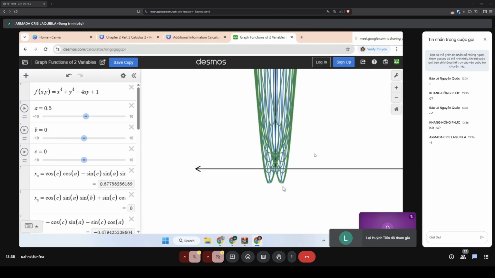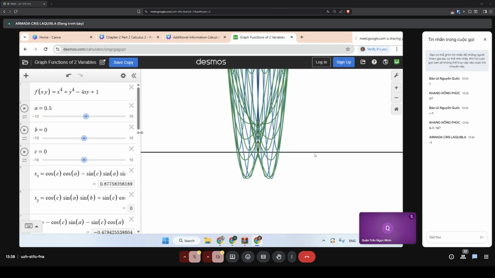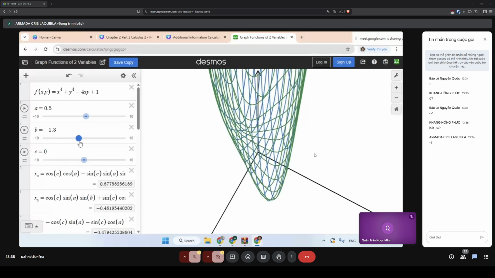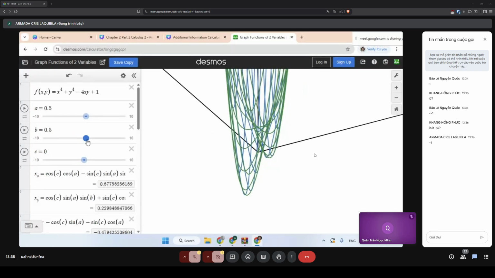So as you can see, class, they have two local minimum here. And they tie with the answer, -1. So the lowest is automatically -1 because they're both there. And so that's the absolute minimum also. Okay. And there's a saddle point there at 0, 0. You cannot clearly see it here if we rotate it.